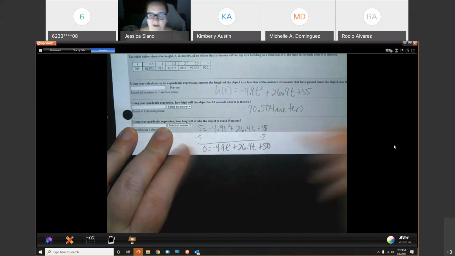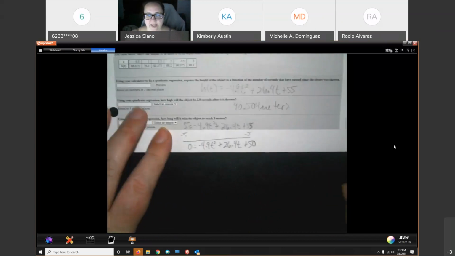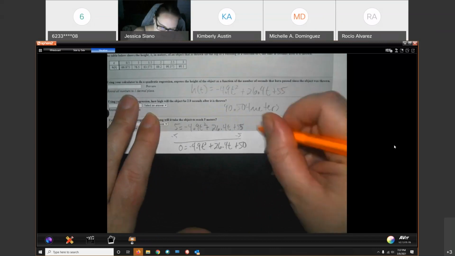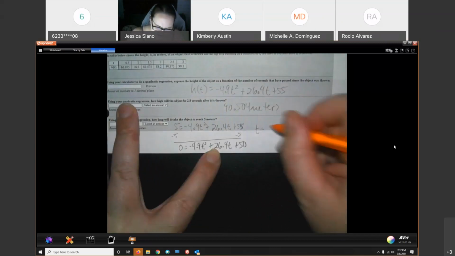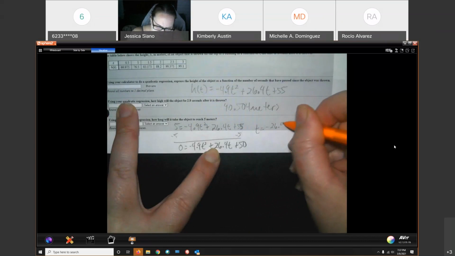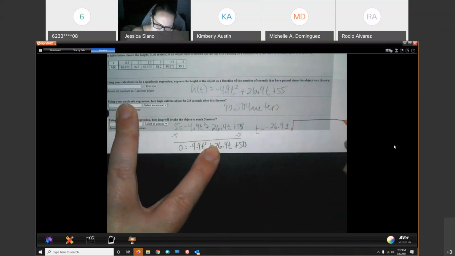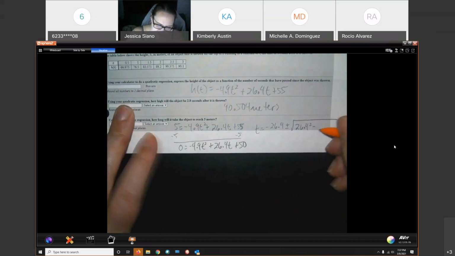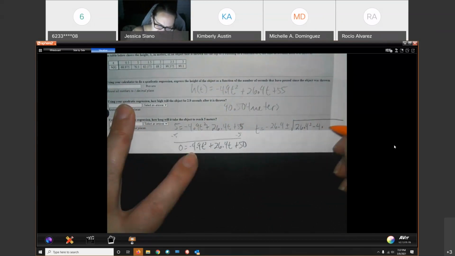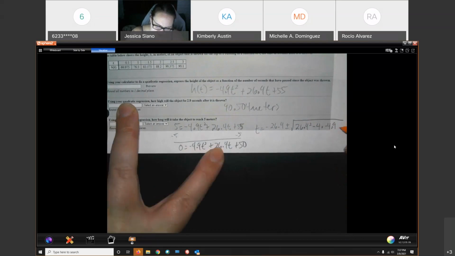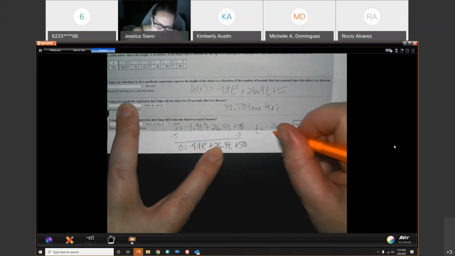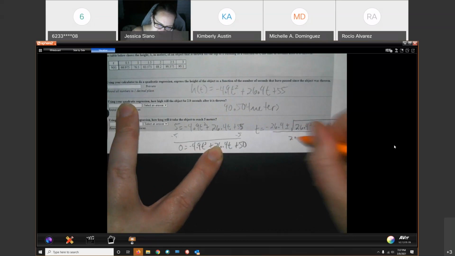So 50 on the end there. And so then in the quadratic formula, this will be negative 26.4 plus or minus the square root of 26.4 squared minus 4 times negative 4.9 times 50, over 2 times negative 4.9.